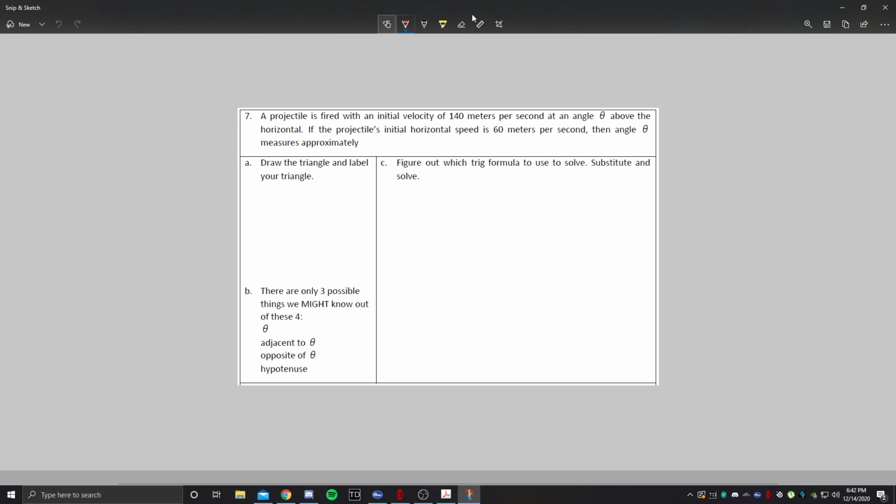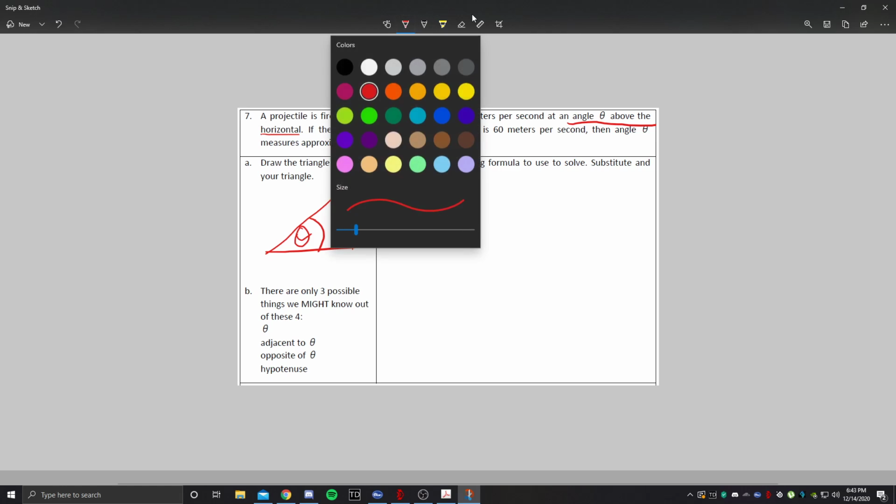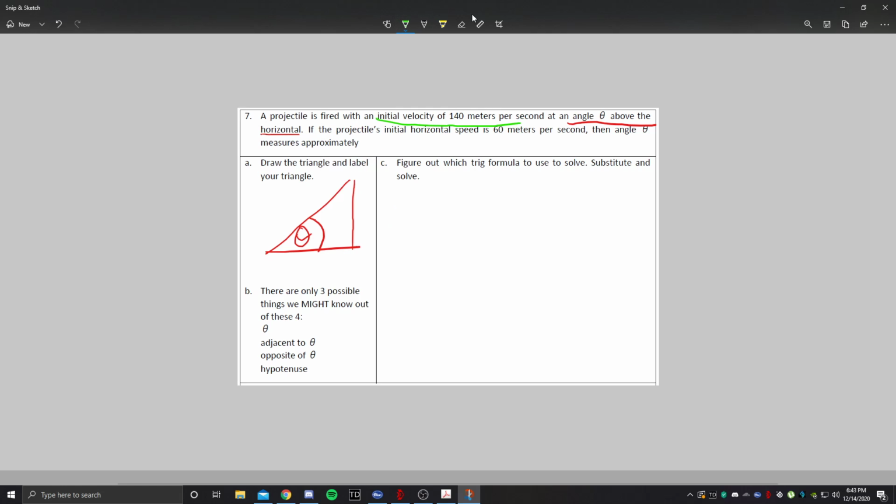So number 7. A projectile is fired with an initial velocity of 140 meters per second at an angle theta above the horizontal. So we know that our initial velocity is 140 meters per second at some angle above the horizontal.